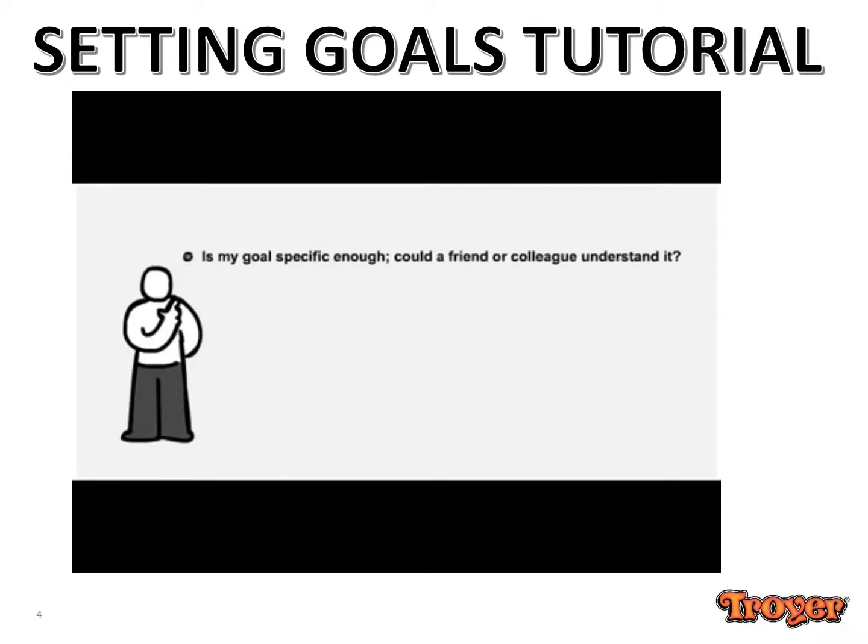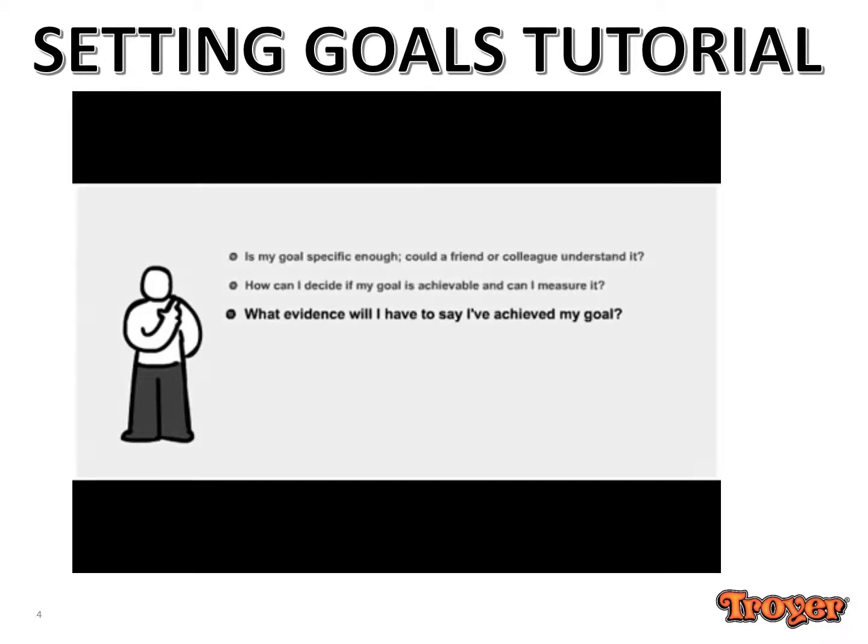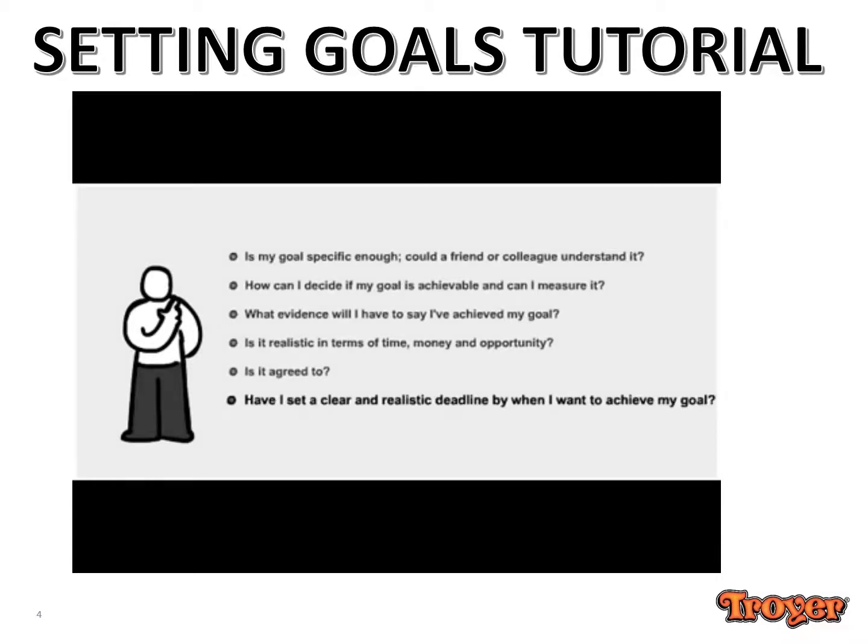Could a friend or colleague understand it? How can I decide if my goal is achievable and can I measure it? What evidence will I have to say I've achieved my goal? Is it realistic in terms of time, money, and opportunity? Is it agreed to? Have I set a clear and realistic deadline by when I want to achieve my goal?